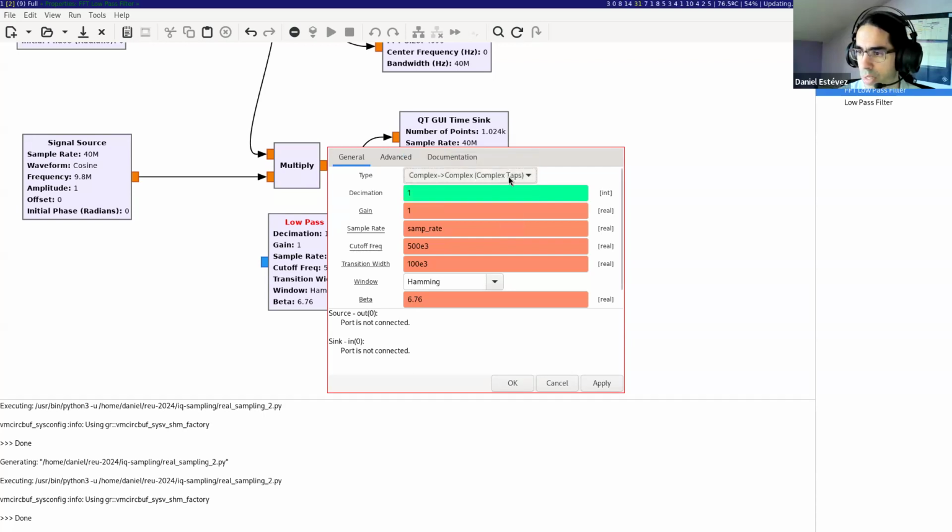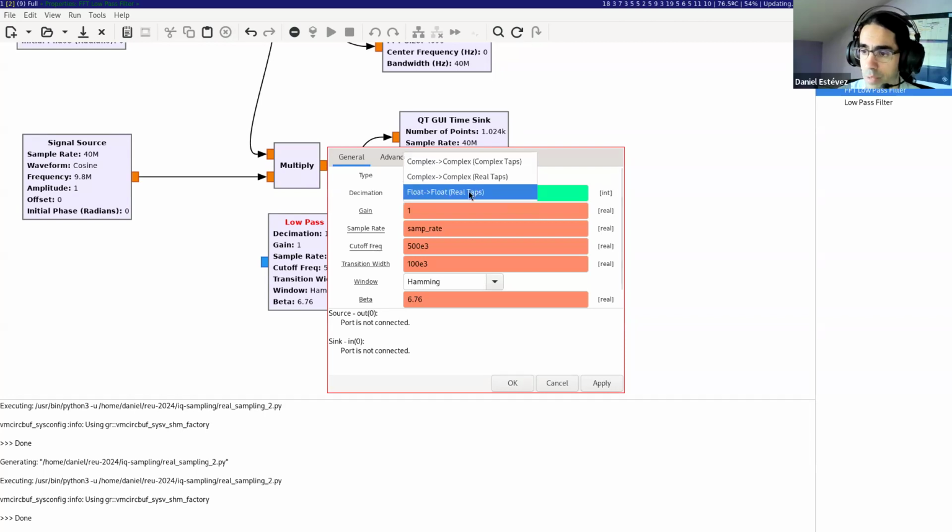If you choose the complex taps option, the filter will work in the same way. What happens is that GNU Radio doesn't know that the filter has real taps, and it is performing a complex multiplication where the imaginary part is always going to be 0. So it is doing a lot of multiplications by 0 that it could avoid doing if we choose real taps.